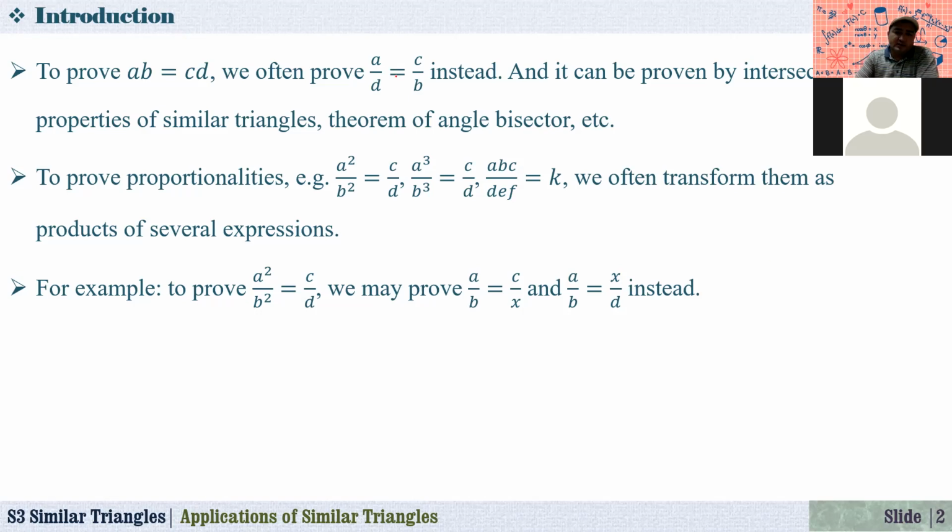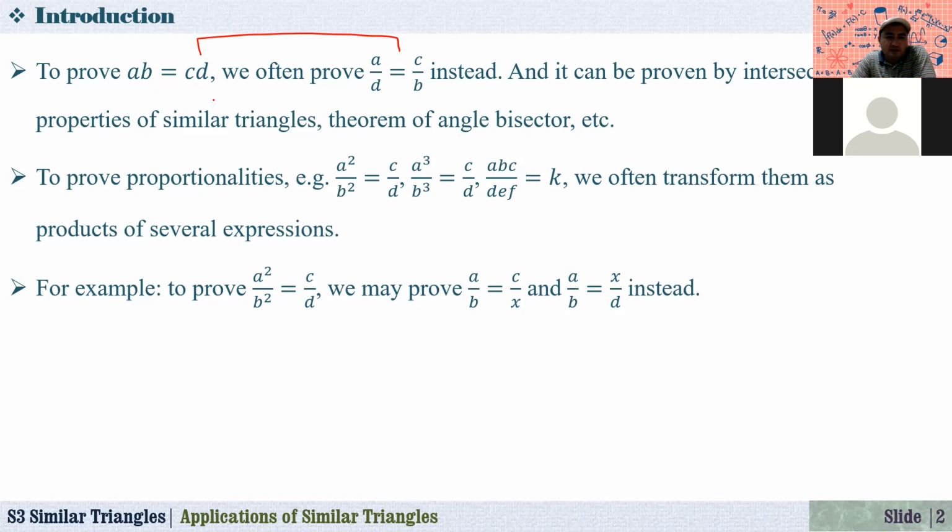For example, in the first case, suppose that we have to prove that A times B equals C times D. By applying a bunch of algebraic operations, I may obtain this. If AB equals CD, these two expressions, or proportions, are equivalent to each other.